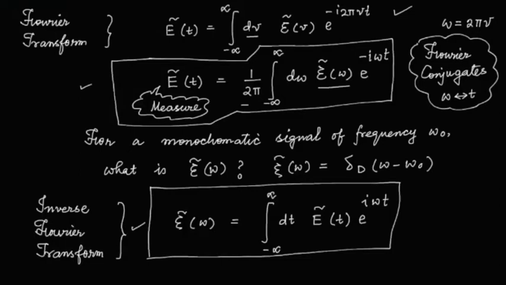I will just use 1 by root 2 pi here because this is more convenient in all physics problems where we want both the relations to look kind of symmetric. Can you guess where this factor will be required, or has to be exactly correct?